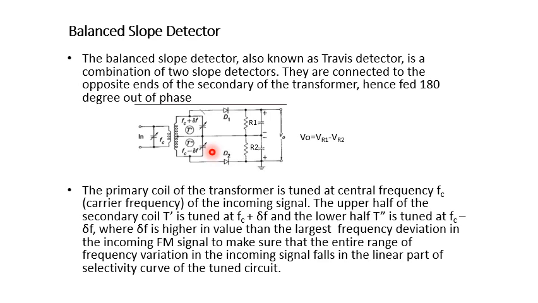As we can easily understand, on lines with the principle of slope detector, this adjustment is made in order to keep the frequency variation of the incoming FM signal strictly contained inside the linear portion of the selectivity curve.